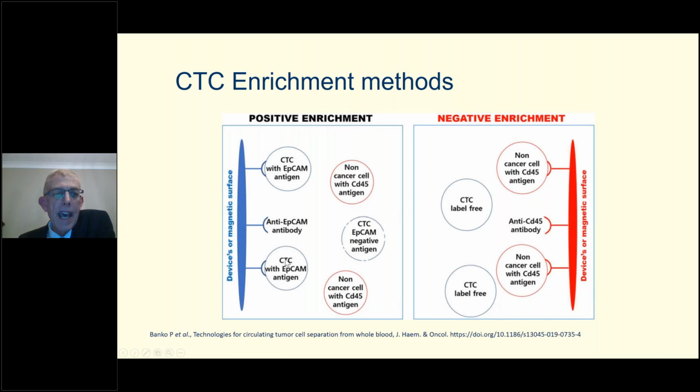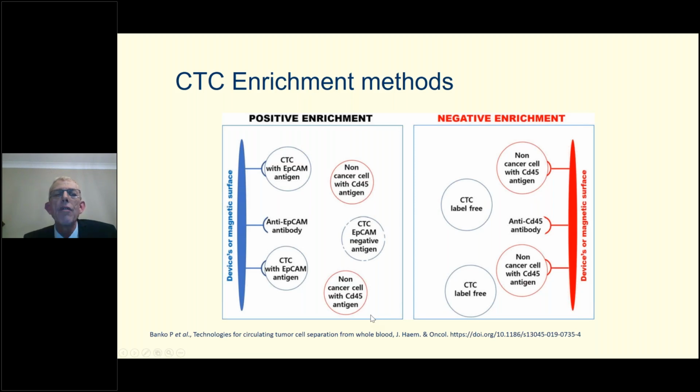In this case, EpCAM, which, if you're not familiar with EpCAM, is an epithelial cell adhesion protein that regulates calcium-based cell-to-cell interactions between epithelial cells. So here we have a method for pulling away our CTCs while allowing non-cancer cells with a pan CD45 lymphocyte marker to flow through our device.